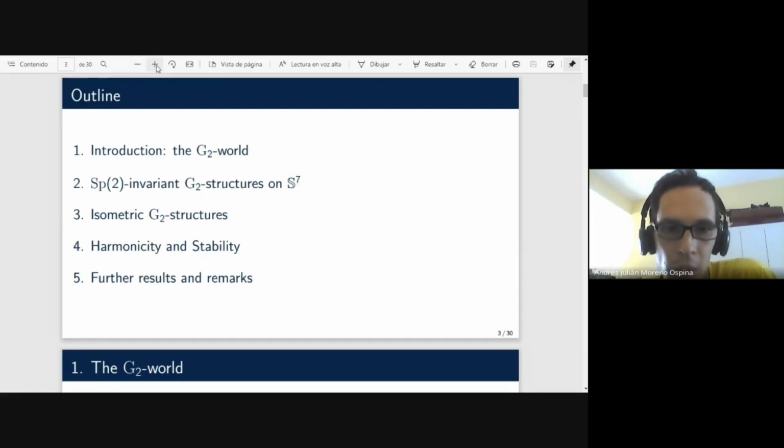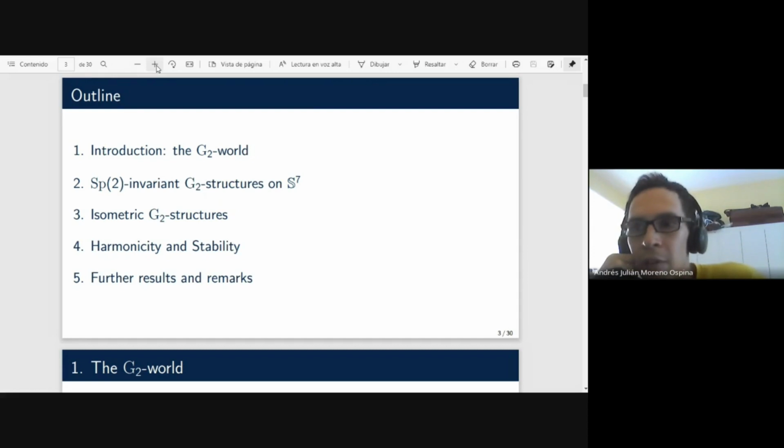So the outline of the talk is basically these points. I will try to give some preliminaries and some concepts about G2 geometry. Next, I will explain how we describe the Sp2 invariant G2 structure on the 7-sphere using the homogeneous geometry of the sphere.